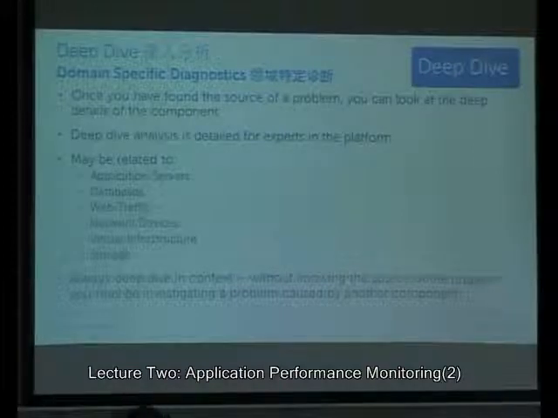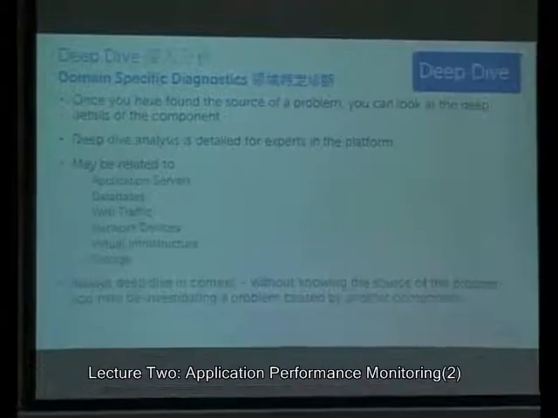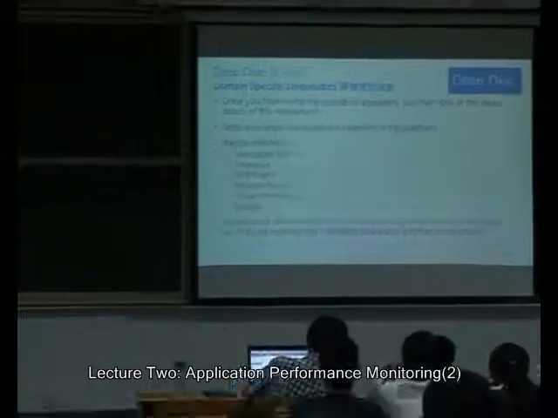Any component. The reason you've been monitoring more than just the very basic is so that when you get to the deep dive, you can see all the details and figure out the problem. That's why you would have the resource consumption metrics in general, so that you can understand if resource usage is causing your problems.